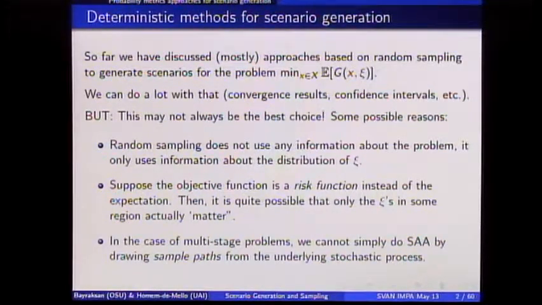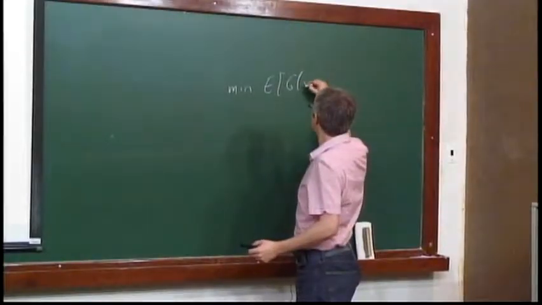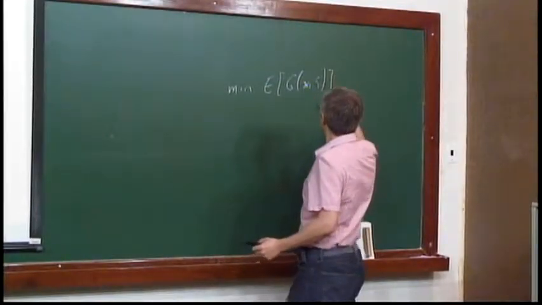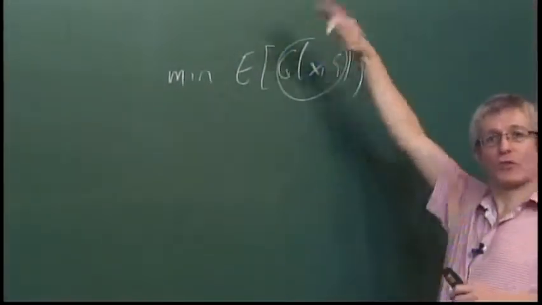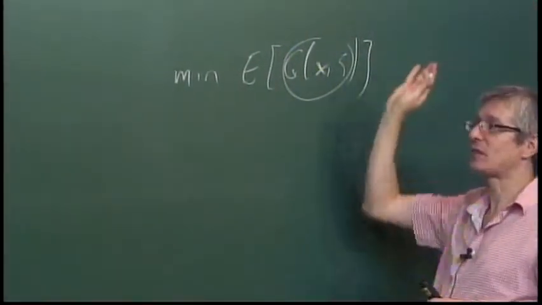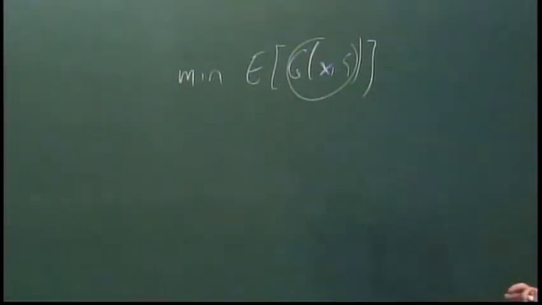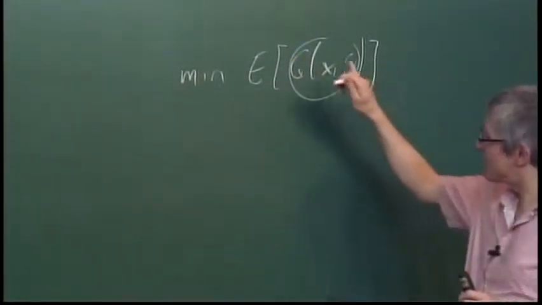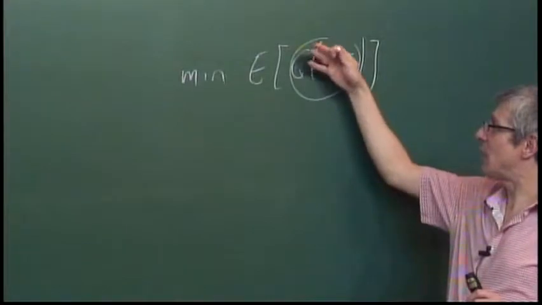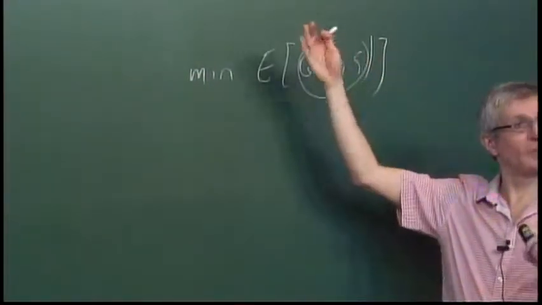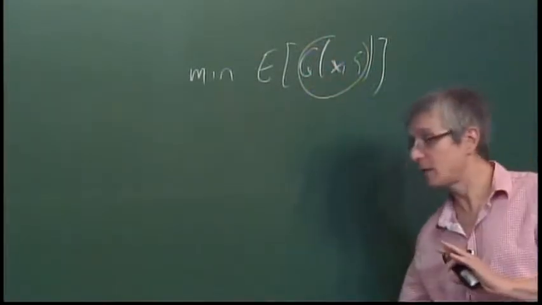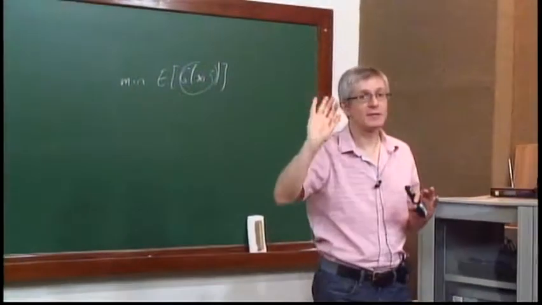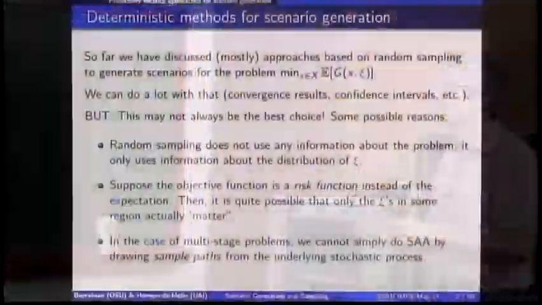We can still think of it as minimizing some expected value of a function of ξ, but this function is the optimal value of the cost from the second stage on. You have seen that in your stochastic optimization course. But the fact that this is the optimal value of a dynamic problem changes a lot in terms of the scenario generation. We're going to see why this is a problem.